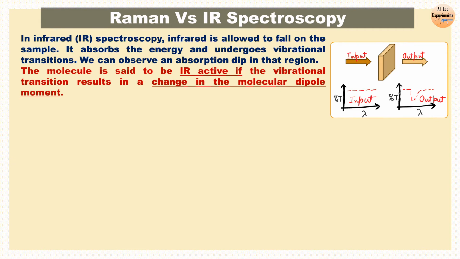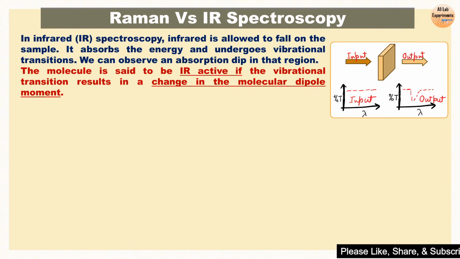You have a material, you shine some light on it, and in a particular wavelength range that material absorbs the light, and you come to know the particular energies of the vibrational energy levels available in that material.